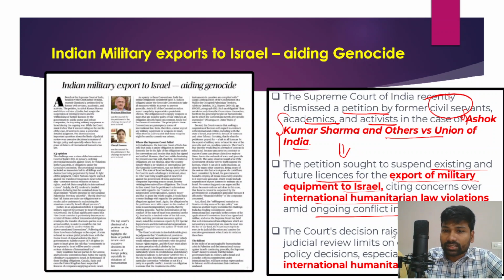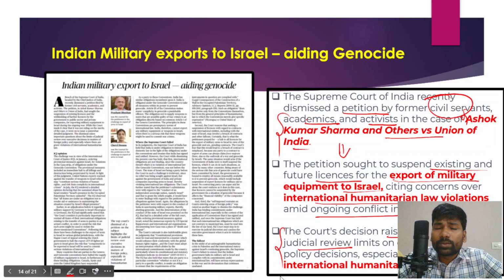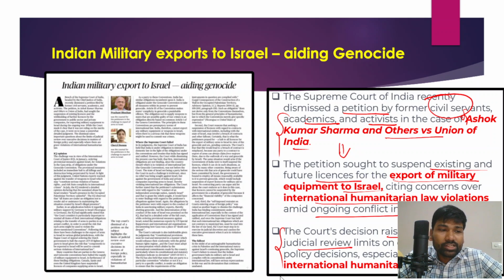However, the court's decision has raised certain questions about the limits of judicial review over the executive's foreign policy decisions, because it would lead to encroachment on the powers of the executive. We have the principle of separation of powers, and if the judiciary stops the executive from selling arms to Israel, that would lead to interference or even encroachment on the executive branch of the government.